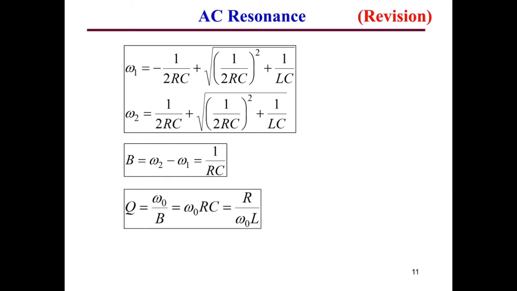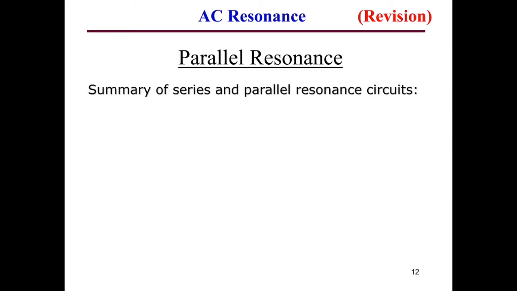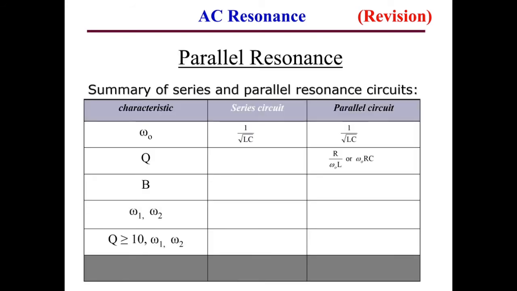The quality factor will be equal to R over XL, or R over XC. It can also be obtained from omega naught, the resonance frequency, divided by the bandwidth. Okay, so this is the summary of the differences between the series circuit and the parallel resonance circuit.